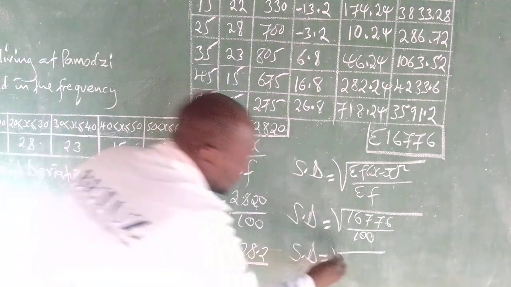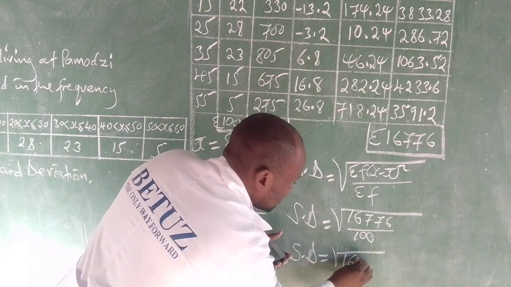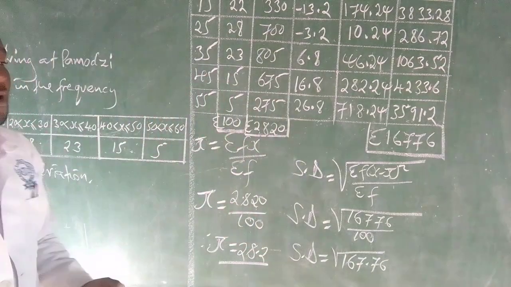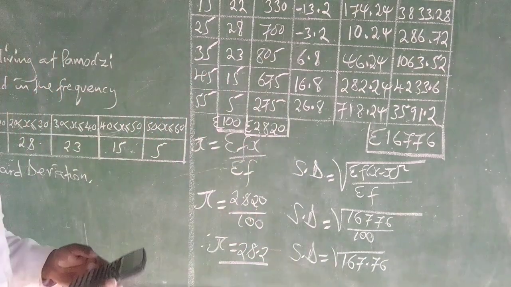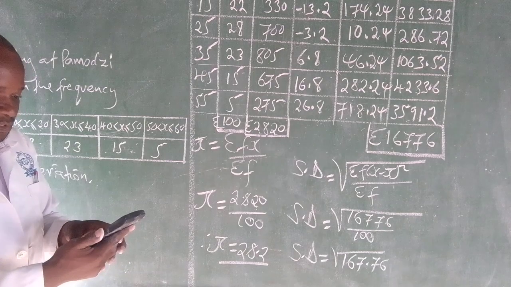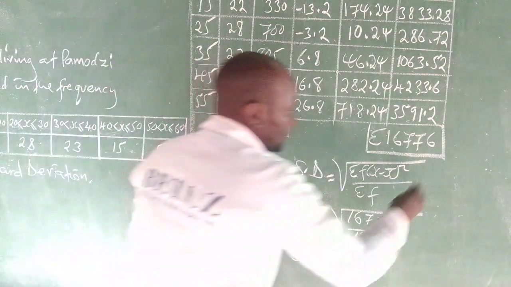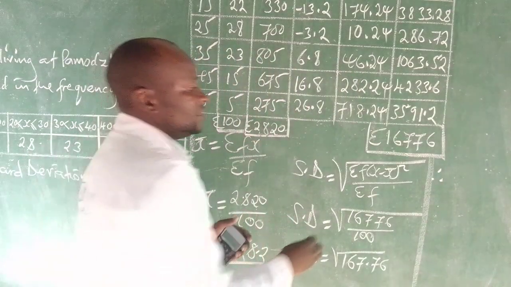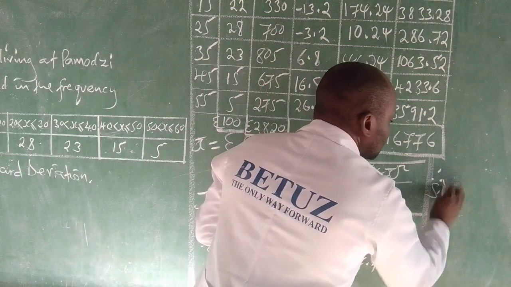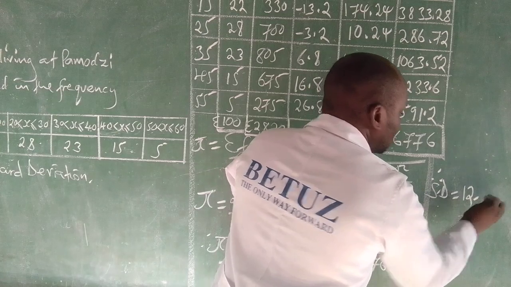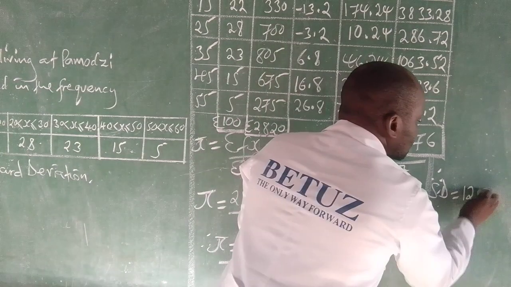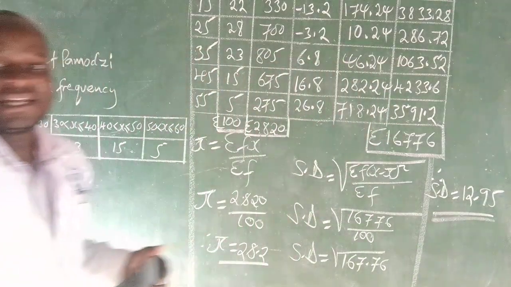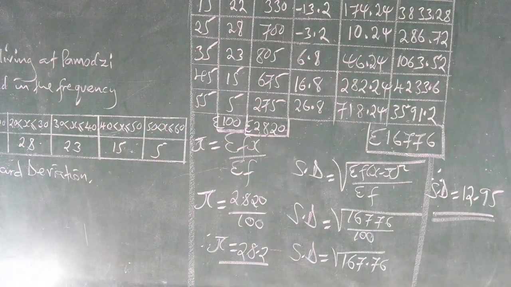We are getting 167.76, and then we find the square root of that figure. Therefore, the standard deviation will equal 12.95. That is the standard deviation they are looking for.